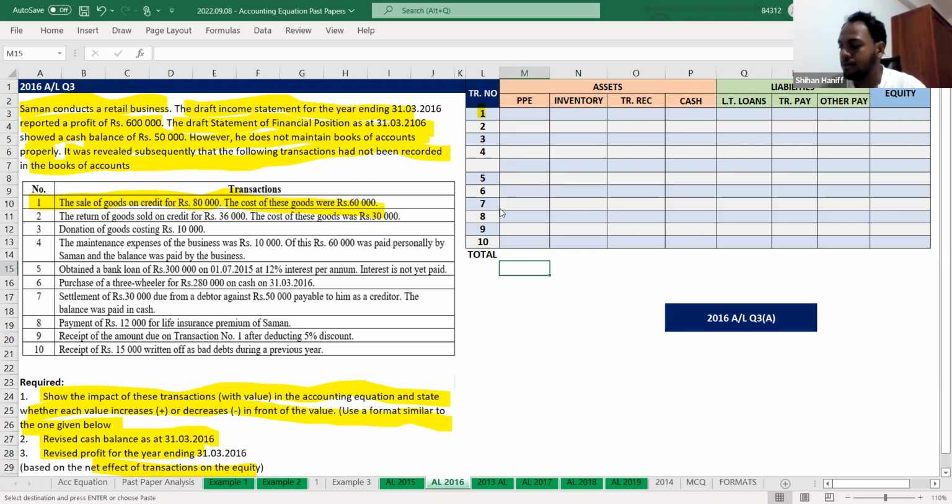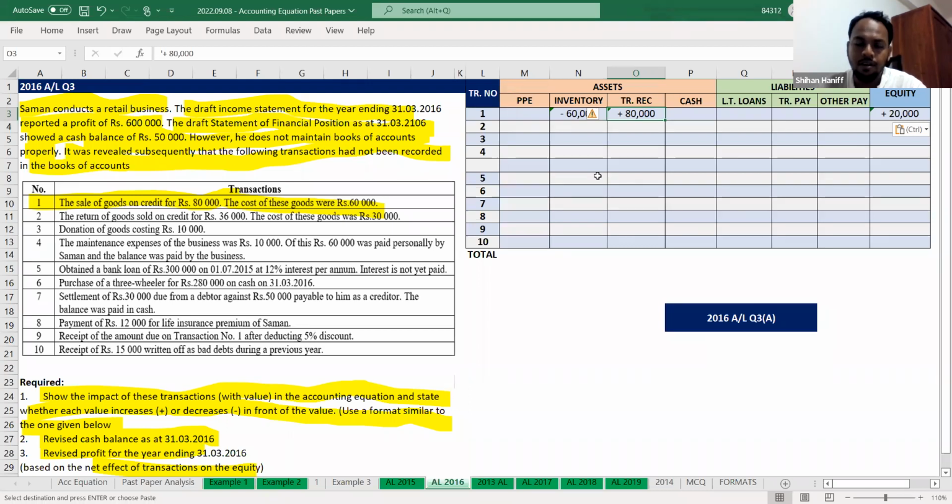Cost is 60,000, so stock will reduce by 60,000. Then 80,000 trade receivables, because it's on credit, we are getting 80,000 trade receivables.